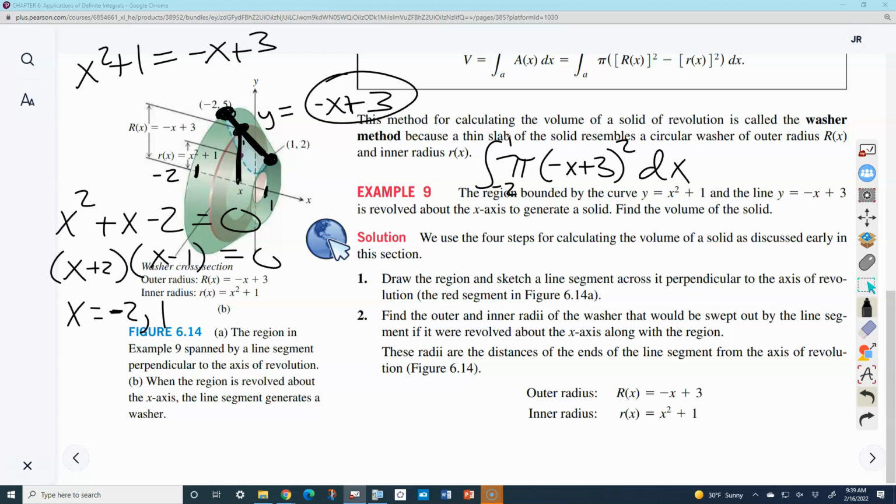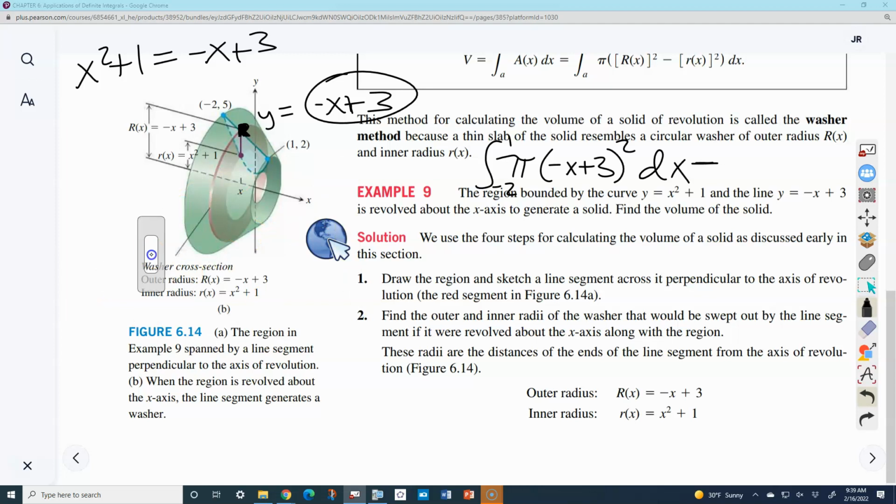And then I'm going to subtract the volume of the smaller region. The smaller region is defined according to this parabola right here. So what is this radius? What is this radius right here, or this radius right here, or this radius right here? It is the y-coordinate of that parabola.